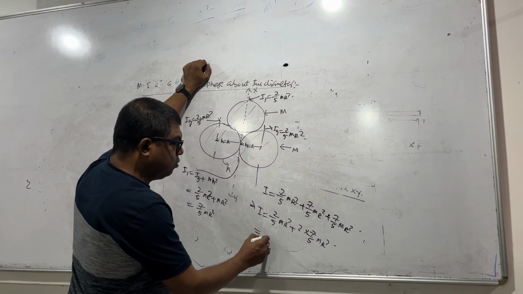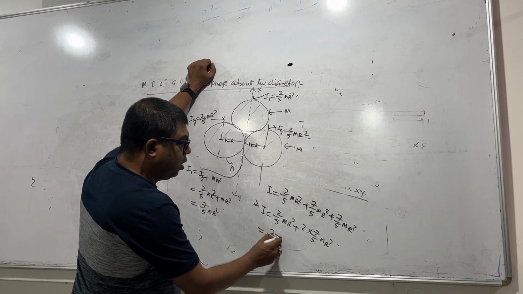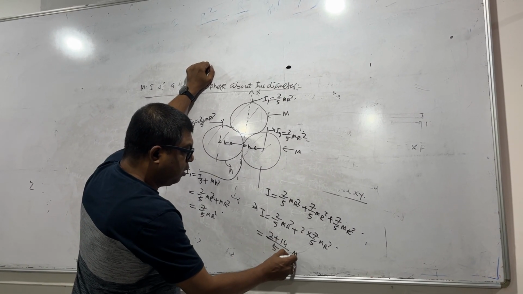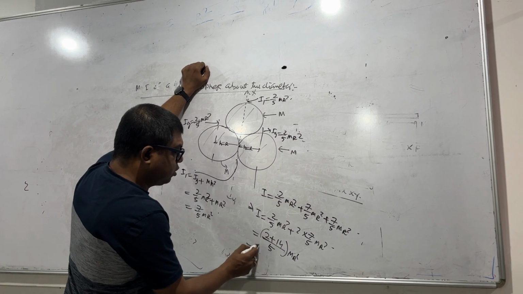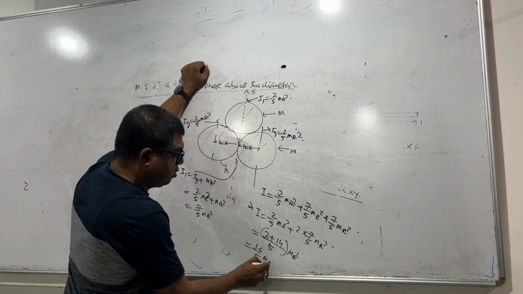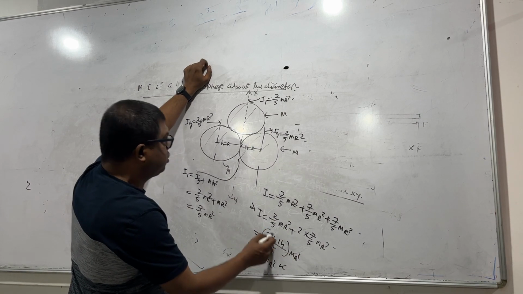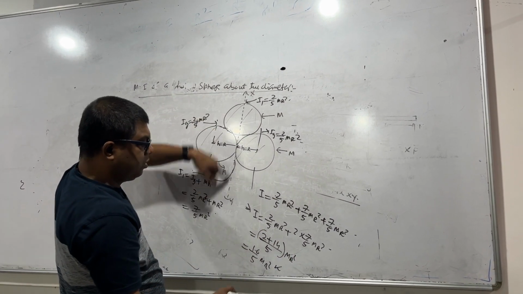That is equal to 2 plus 14 by 5 MR square, which is equal to 16 by 5 MR square. So this is the moment of inertia of the system about this axis.